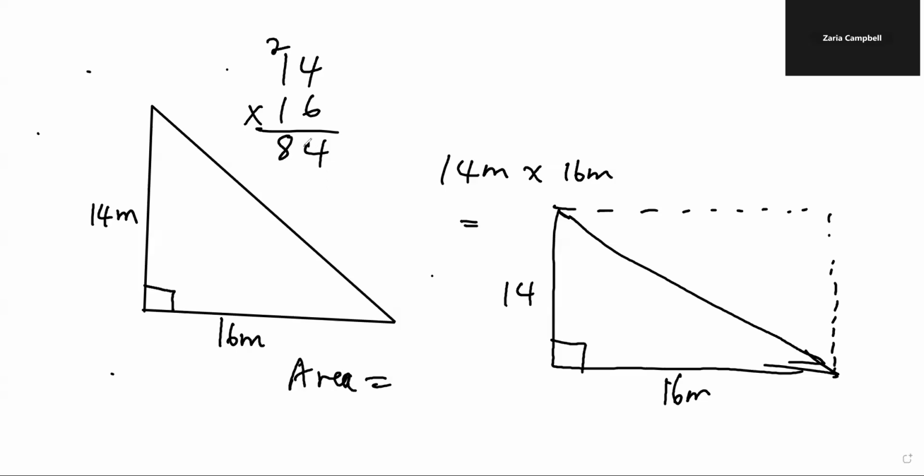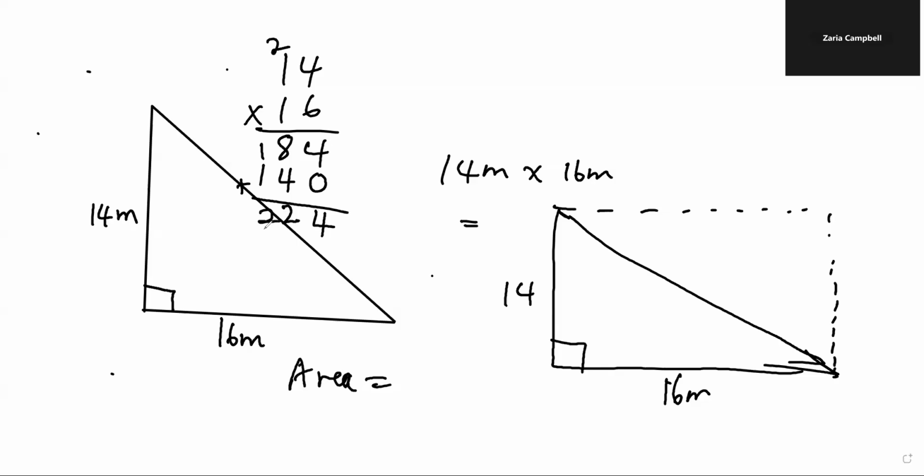Put a placeholder below the 4. 1 times 4 is 4. 1 times 1 is 1. 0 plus 4 is 4. 4 plus 8 is 12. Put down the 2, carry the 1. 1 plus 1 is 2.